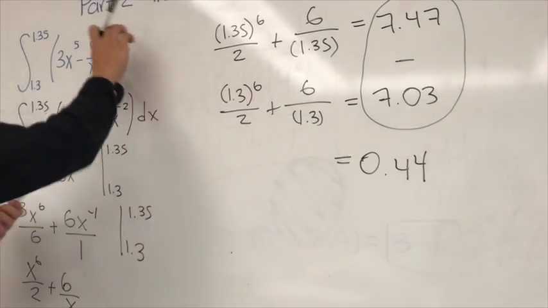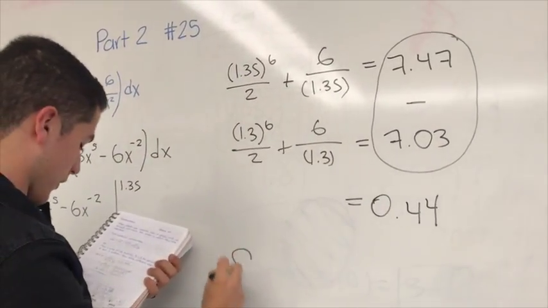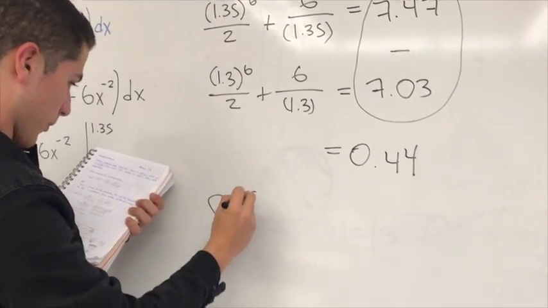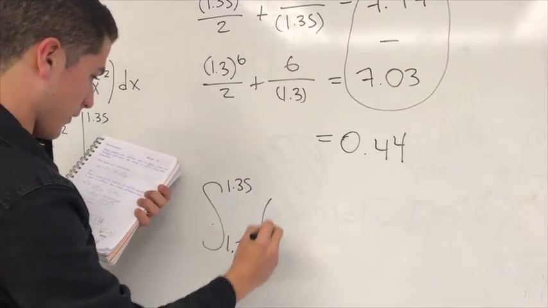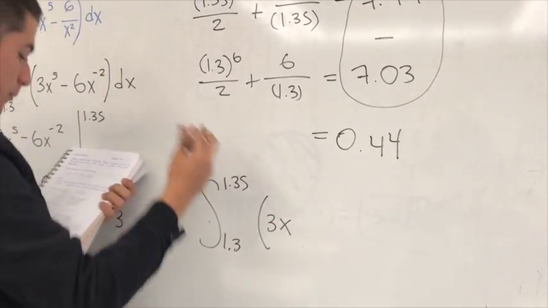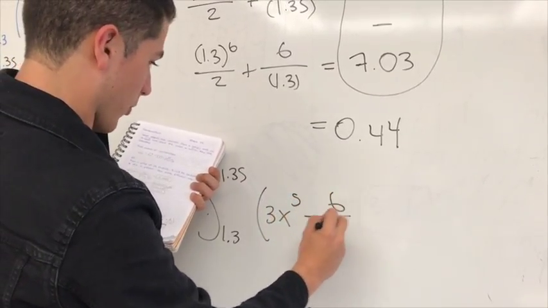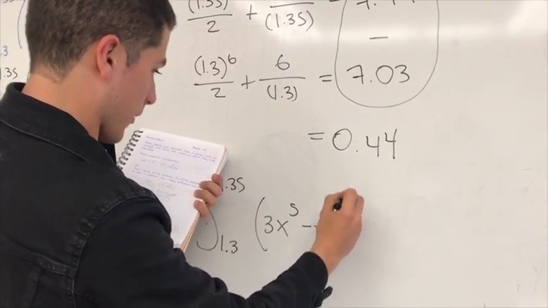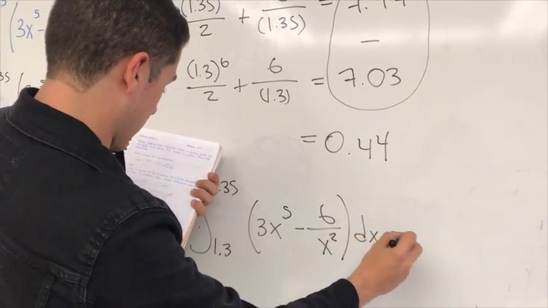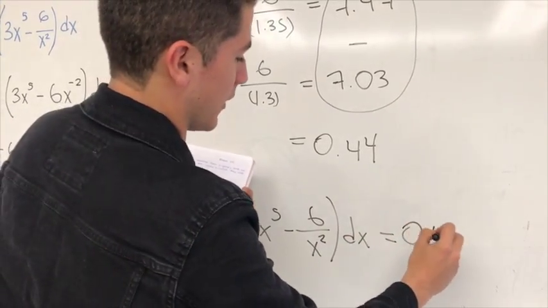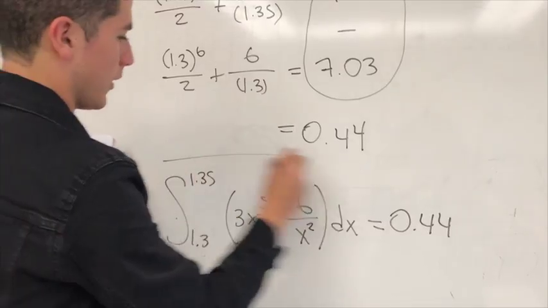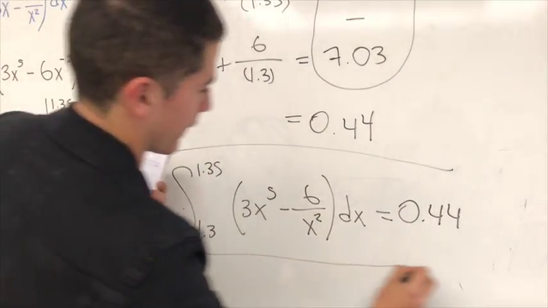And you need to put the whole problem to the answer. So it's big S, 1.45, 1.3, parentheses, 3x, the original problem, over the power of 5, minus 6 over x to the 2nd power, dx, equals, and the answer it gave us, that is 0.44. And you square it as your final answer.